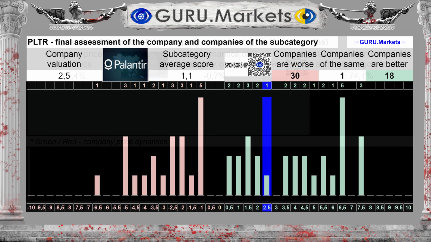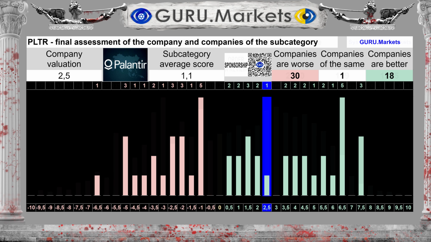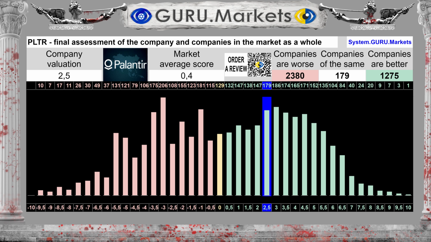The overall result is as follows: 2.5 out of 10 points. The average score for the subcategory is 1.1 points. Within the entire US market in aggregate, the average score is 0.4 points, against the score of 2.5 points from Palantir Technologies Inc.